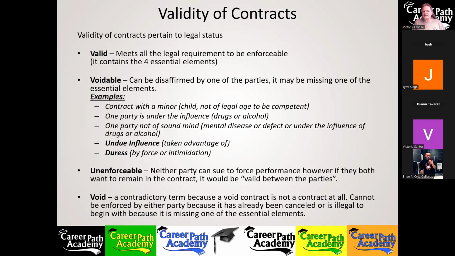If it was a contract that was voided, it is now void. It's a canceled contract. It cannot be enforced by either party because it has already been canceled. It is illegal to begin with because it is missing one of the essential elements.